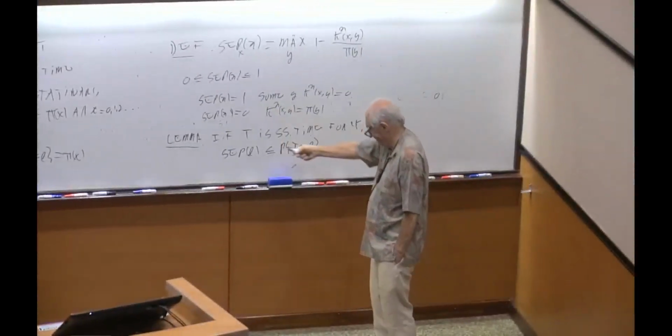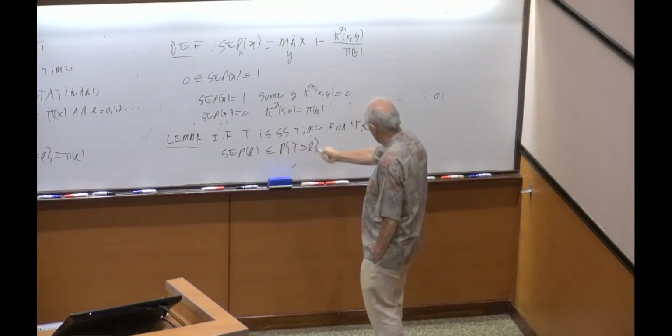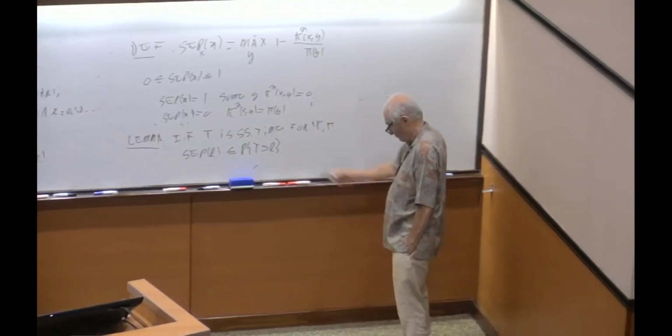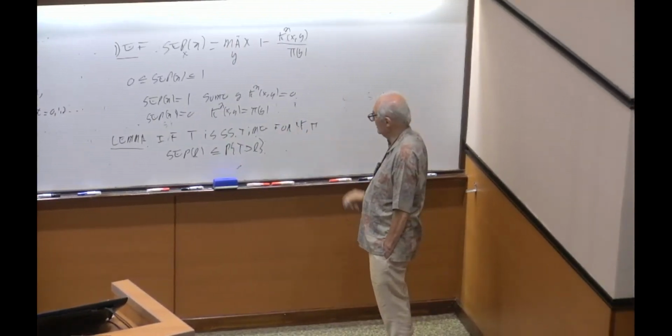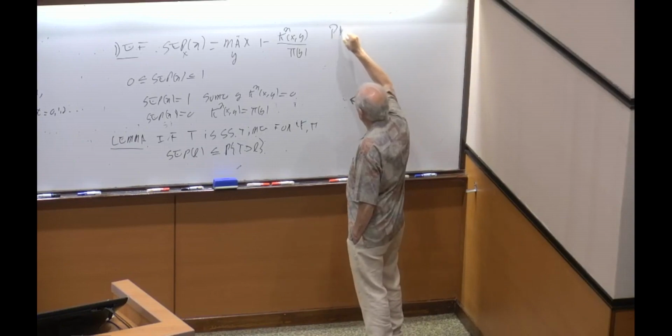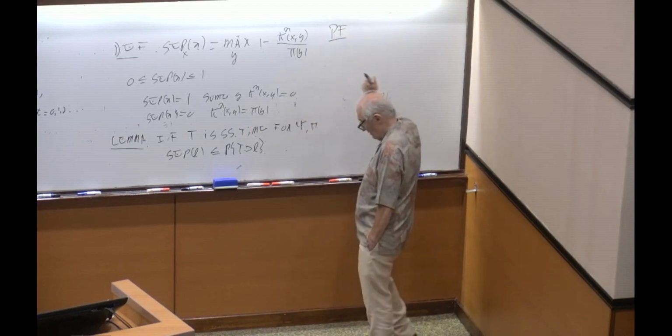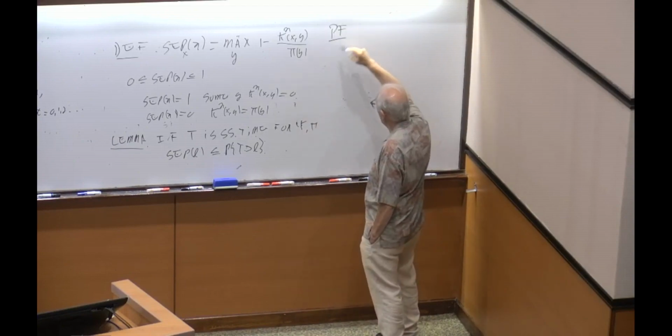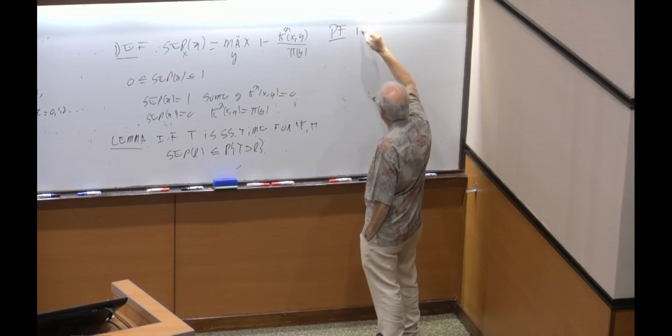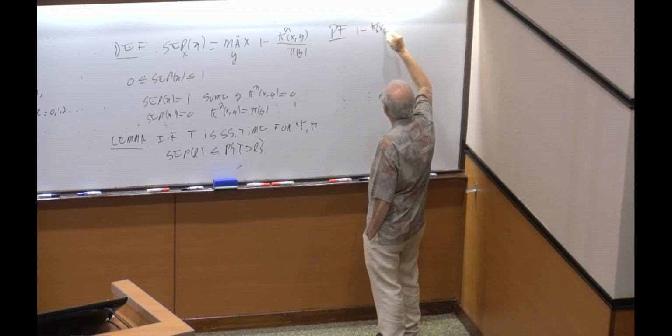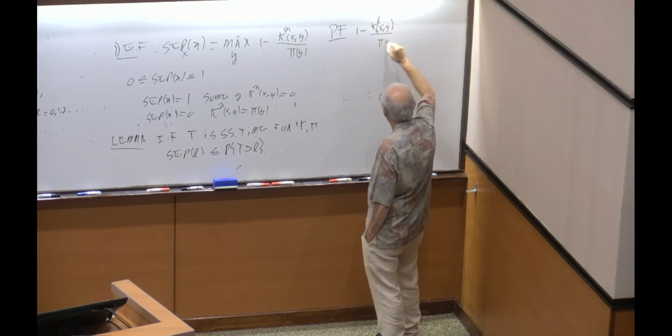Okay, so the bound that I was using before actually works for this separation distance, and the proofs of these are all easy. The proof is: write down 1 minus K^L(x, y) over pi of y.